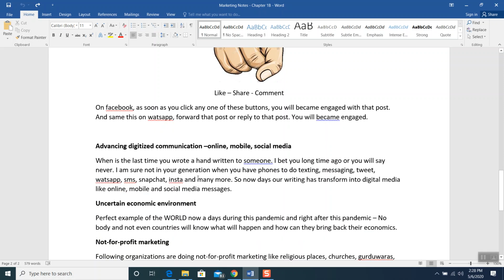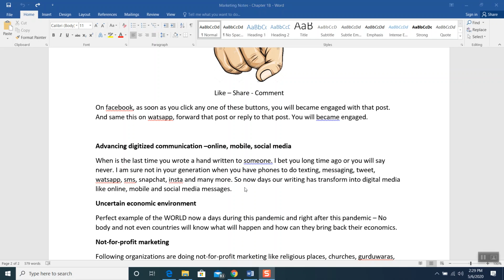When was the last time you wrote a handwritten letter to someone? I bet a long time ago, or you will say never. I'm not sure in your generation, when you have phones to do what? To do texting, messaging, tweeting, WhatsApp, SMS, Snapchat, Insta, and many more. So nowadays, our writing has transformed into digital media, like online, mobile, and social media messages.